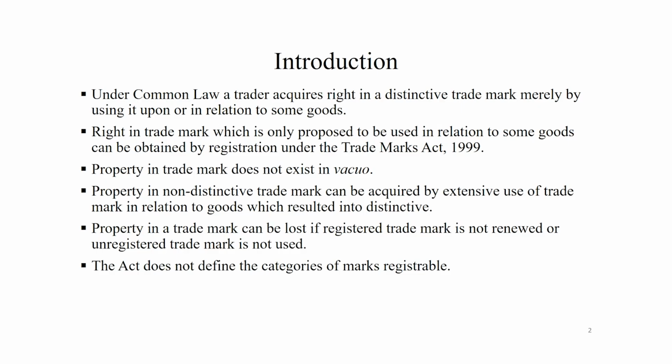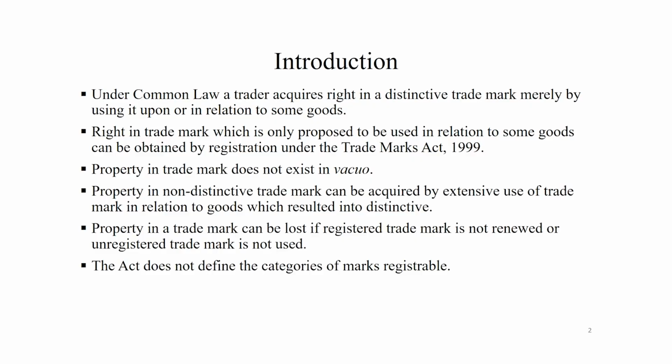Under common law, if a trader has a distinctive mark, he gets rights over his marks simply by using those marks in relation to some goods. Whereas in Trademarks Act 1999, the rights which a trader, a proprietor, gets is obtained by registration of a mark under Trademarks Act 1999.